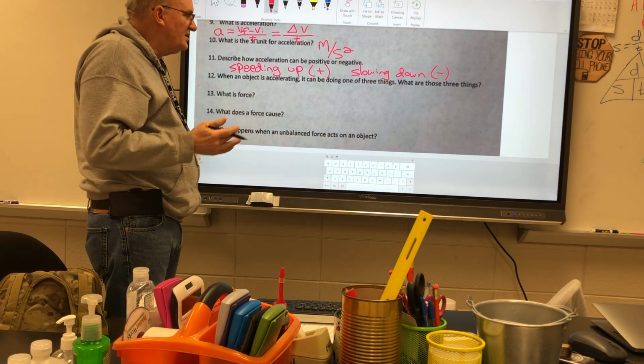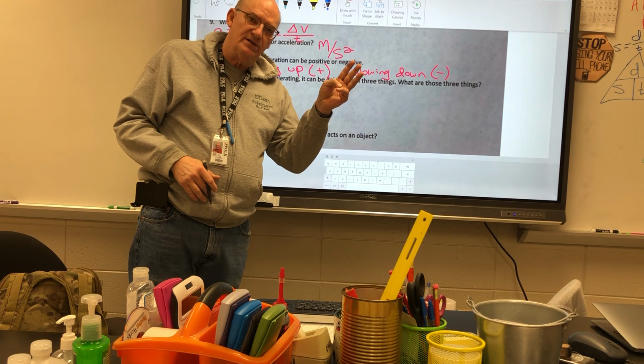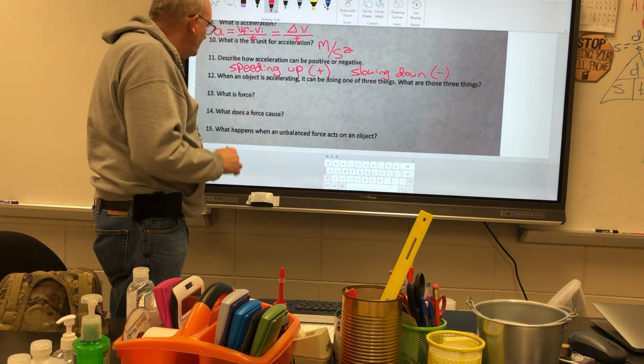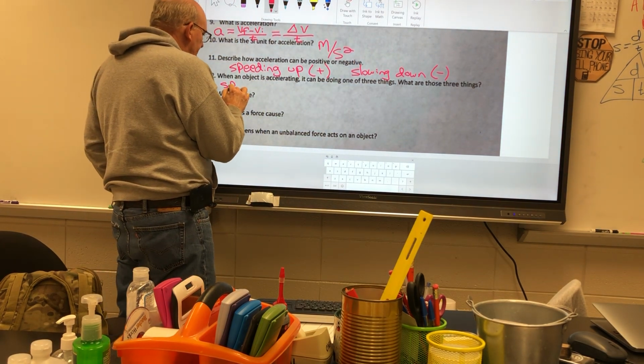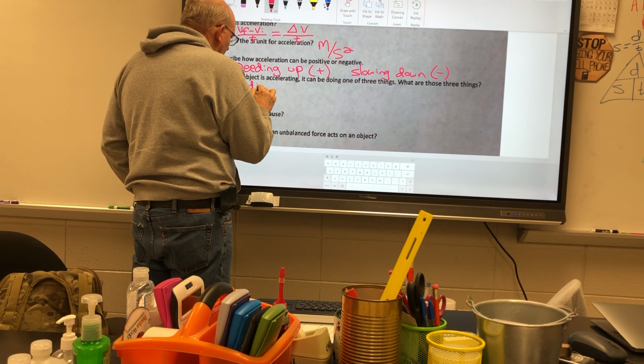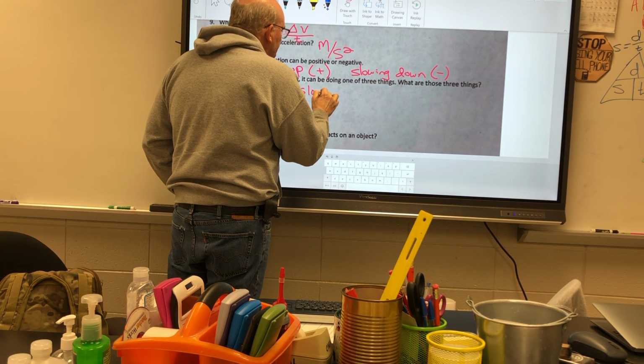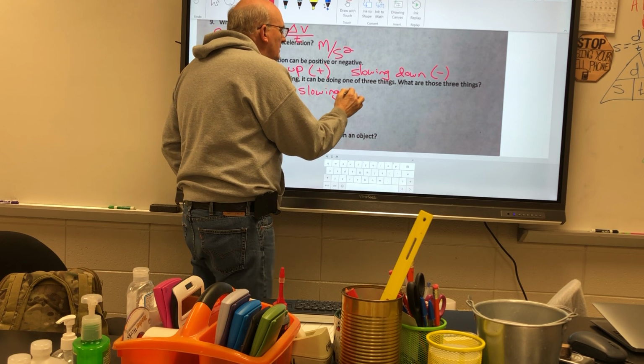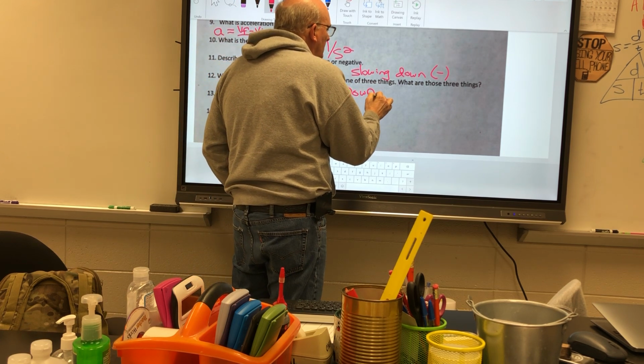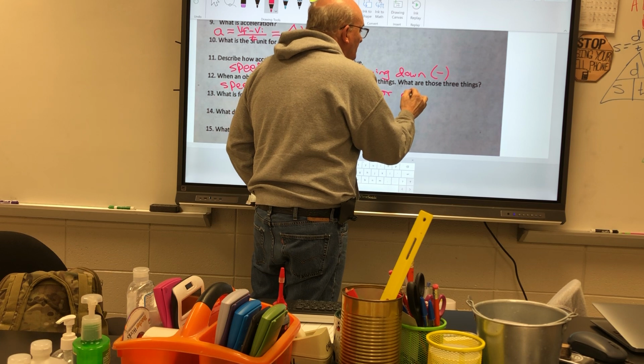When an object's accelerating, it can do one of three things. The three things are speeding up, slowing down, or changing direction.